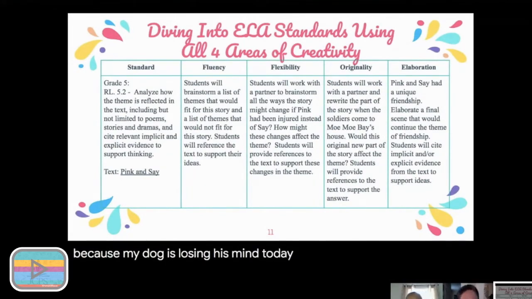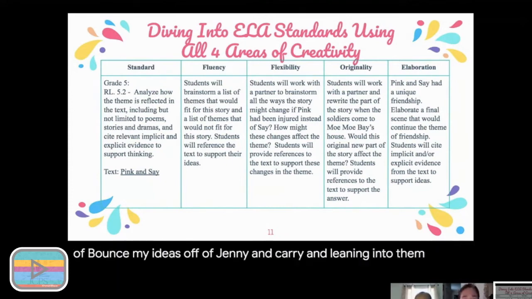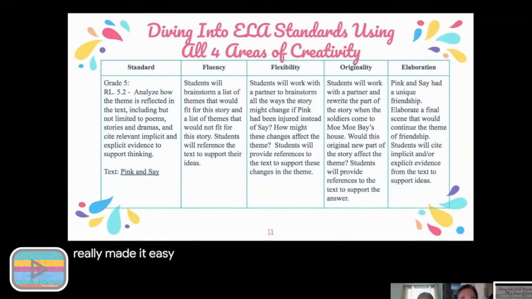Before I share my example, I want to say that this was the first time I had ever worked with these tasks. And so I had to kind of bounce my ideas off of Jenny and Kerri. And leaning into them really made it easier to come up with my ideas for each task. And they also kept me very focused on my ELA standard.